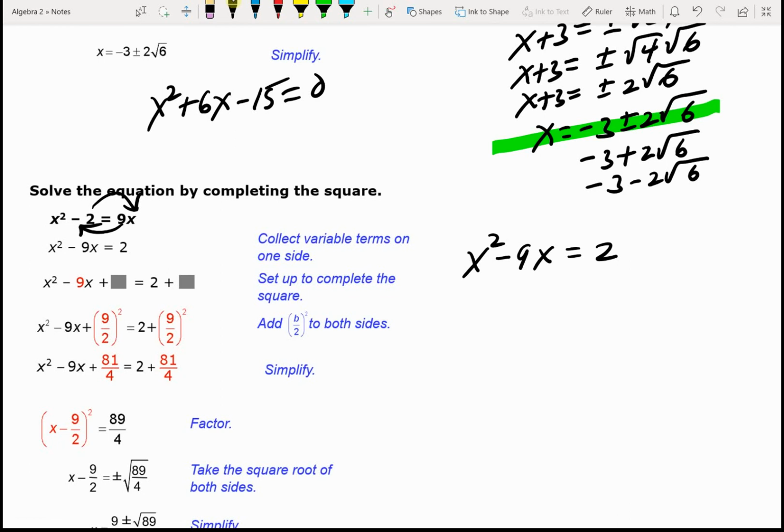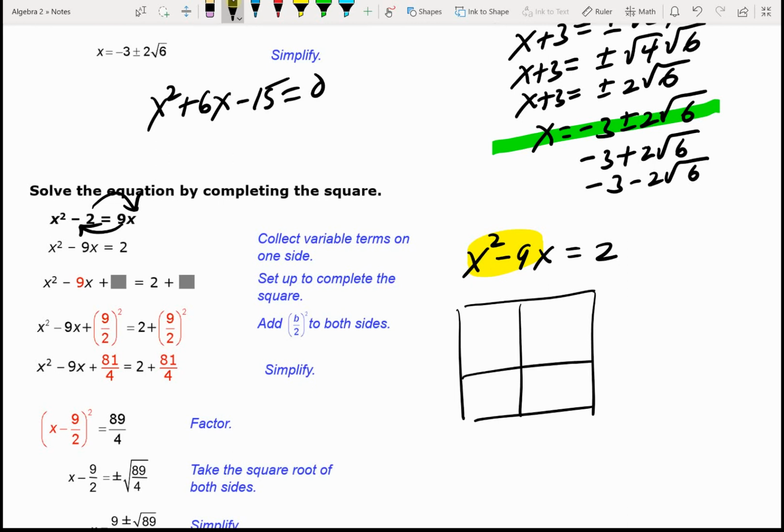And then we complete the square. Again, we're just completing the square on a quadratic and linear term. So I have x and x, and then I have negative 9 divided by 2. No decimals, please. So that's just negative 9 halves.